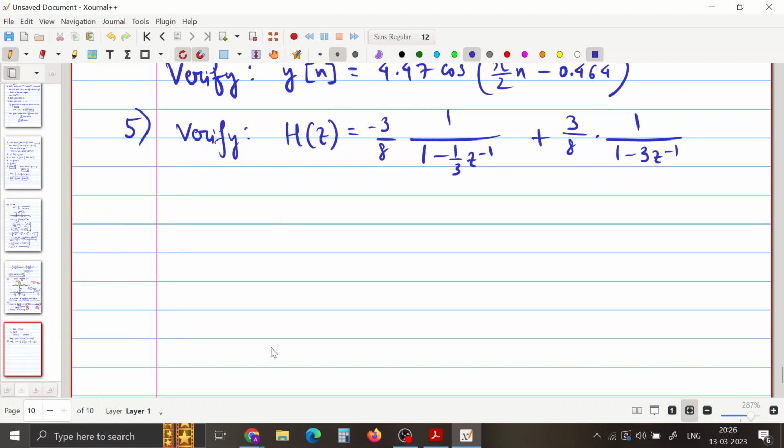And now, what about the pole locations? The pole locations are at z equals 1/3 and z equals 3. As you know, the ROCs are bounded by the poles, and depending on these two pole locations, there are three possible ROCs. So what are the possible ROCs? Stop me if any step is not clear to you.